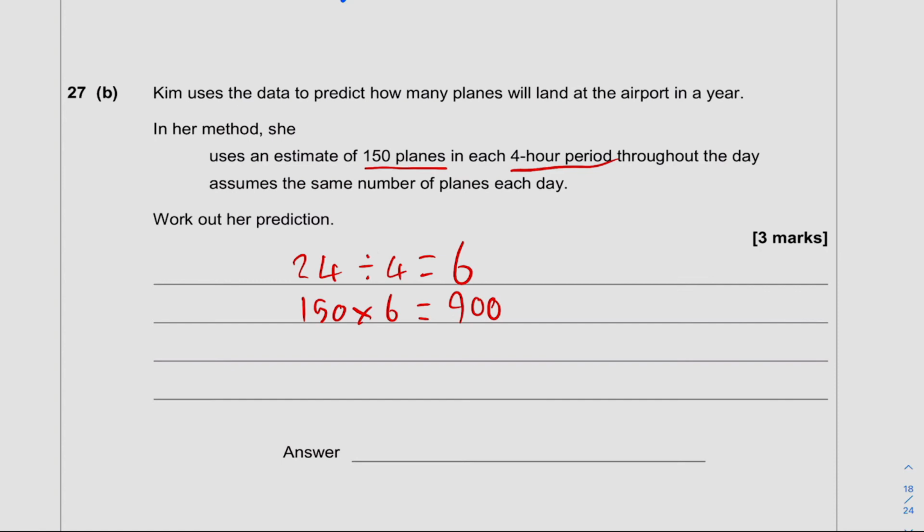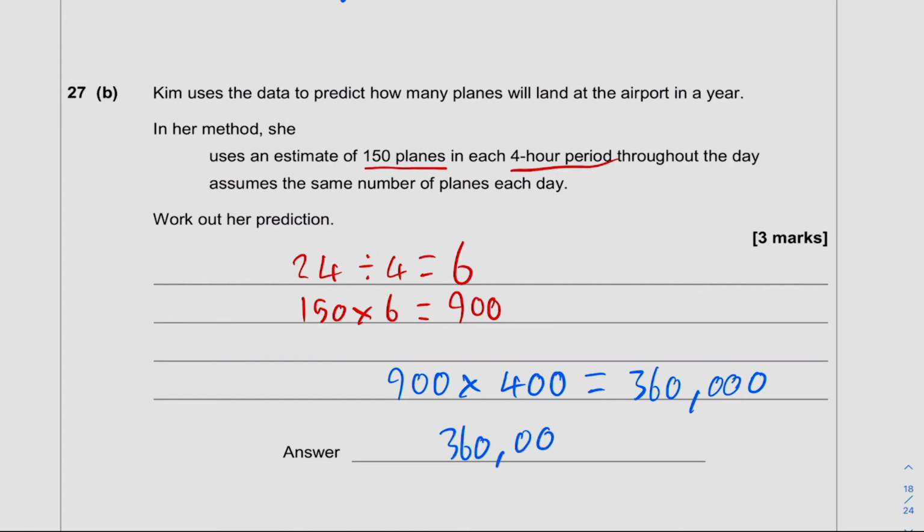However, as this is a non-calculator paper, in the exam they allow a range of values instead of 365. So what we're going to use is 400. We're going to round the number of days in a year up to 400 from 365. So we do our 900 planes per day multiplied by the amount of days in a year, rounded up 400, and this leaves us with 360,000 planes in a year.